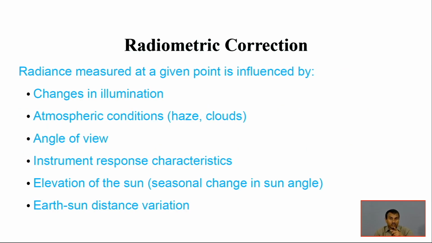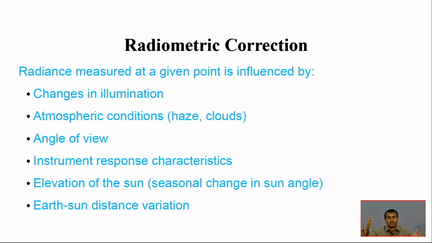I said visible spectrum because that is also very important. All these remote sensing images that I discussed right now are basically passive remote sensing, and the interlinking medium is the electromagnetic wave.